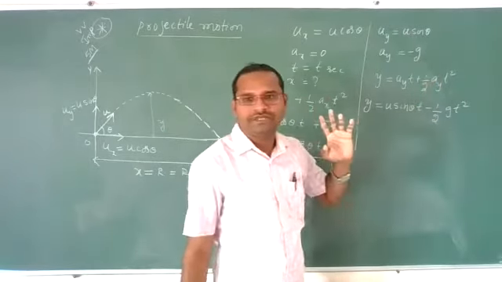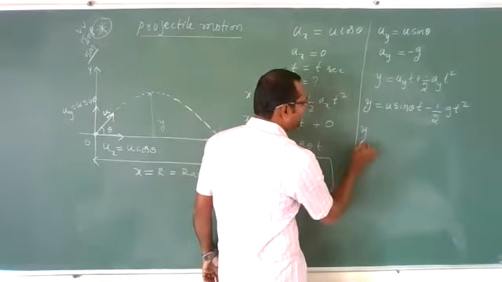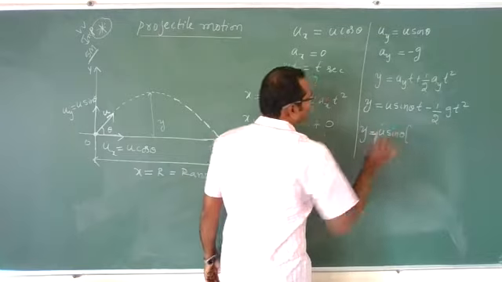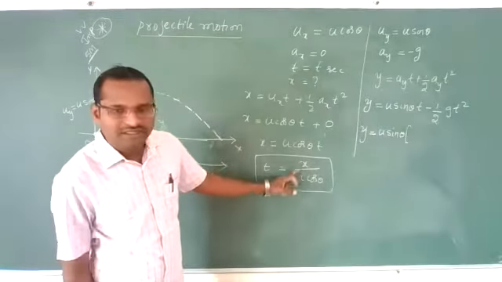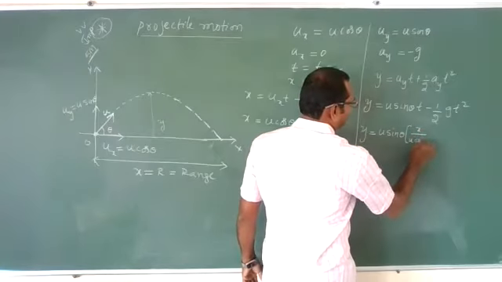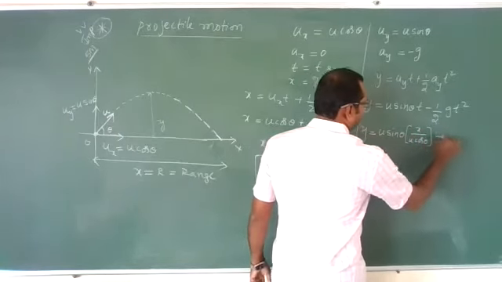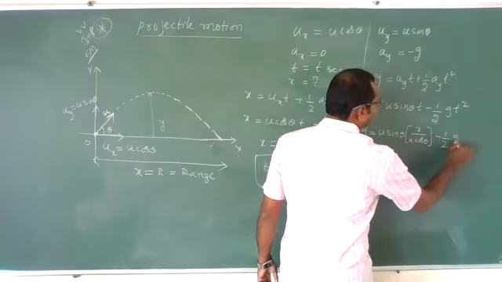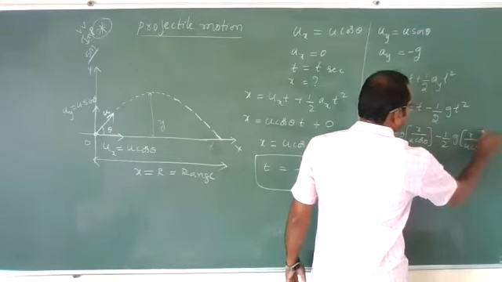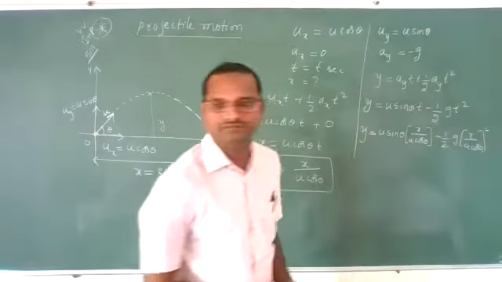Now substitute the t value: y is equal to u sin theta into x by u cos theta, minus half g into x by u cos theta whole square.